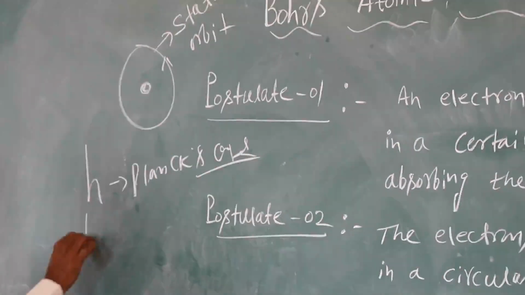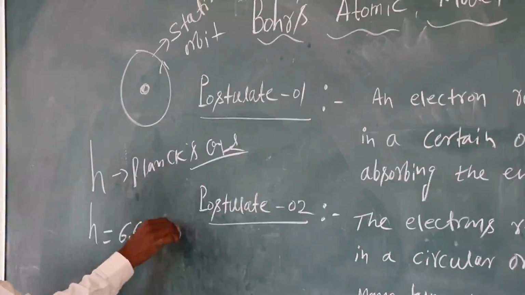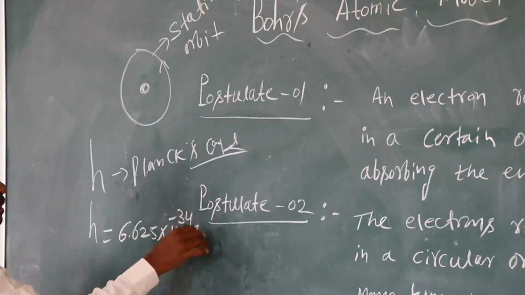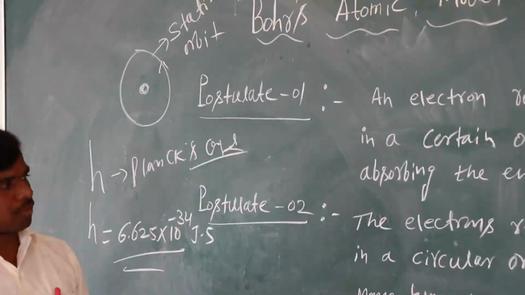The value of Planck's constant h is 6.625 into 10 to the power of minus 34 joule second. So here once again I repeat postulate number 2.